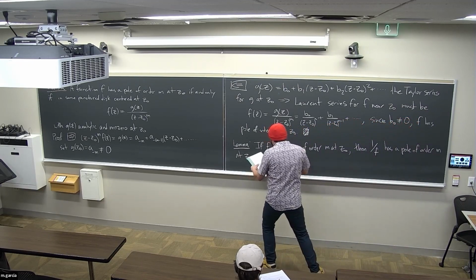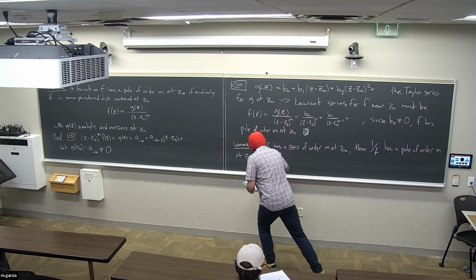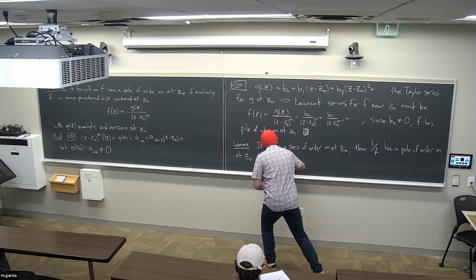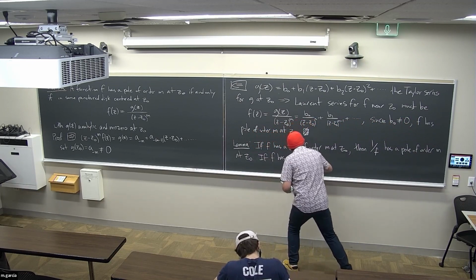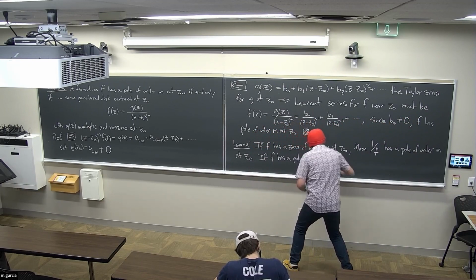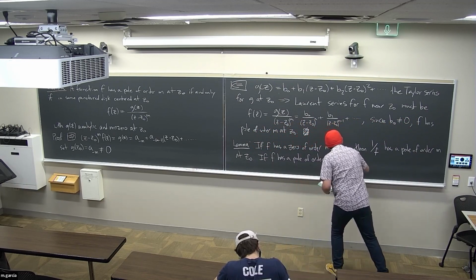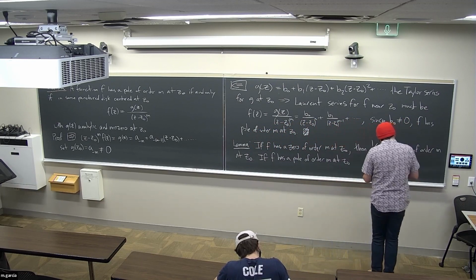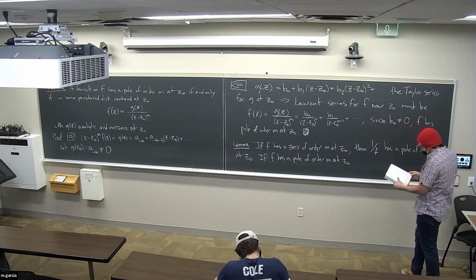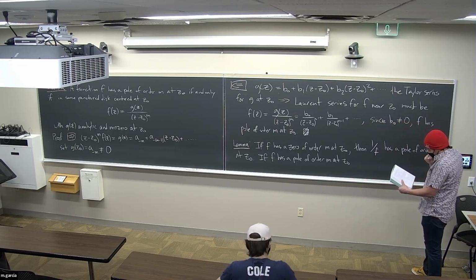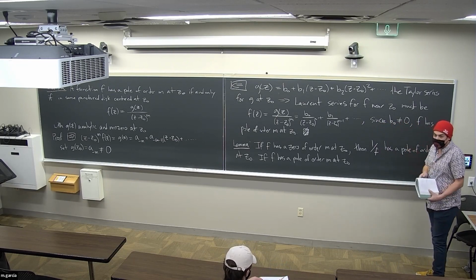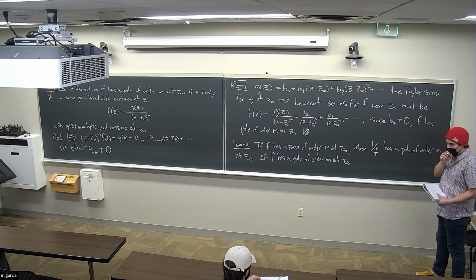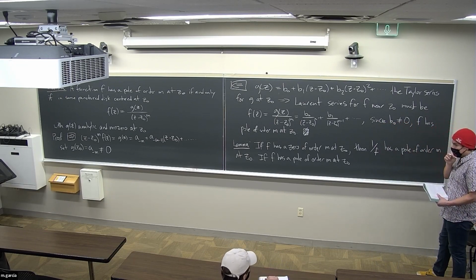So, furthermore, if f has a pole of order m at z naught, what is the analogous statement I want to make here? 1 over f has a 0 of order m.